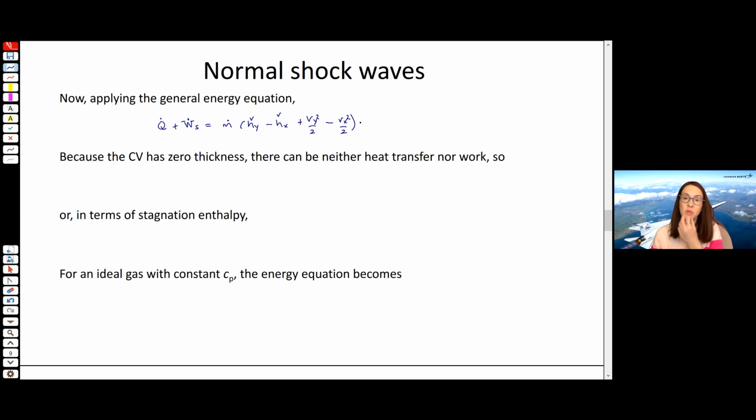But because the control volume has zero thickness in the flow direction, there can't be any appreciable heat transfer in, or any work done on the fluid. So Q dot equals Ws dot equals 0, and we have just the enthalpy and velocity terms left.